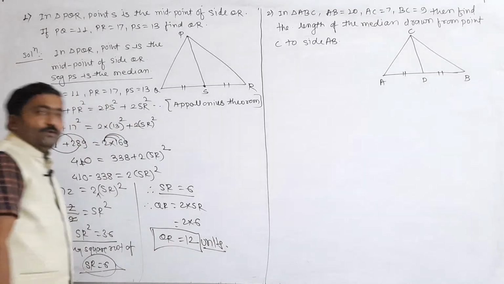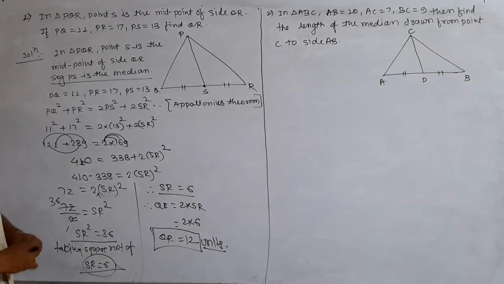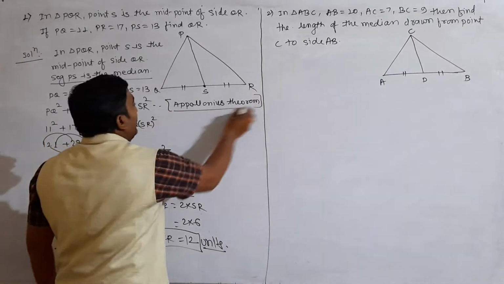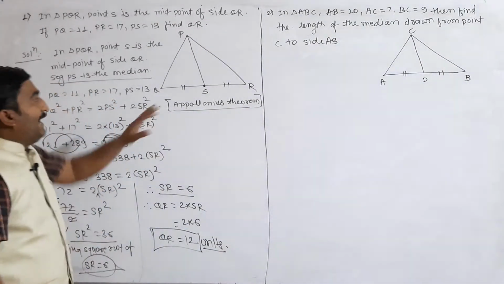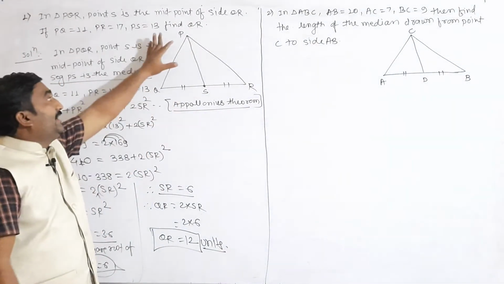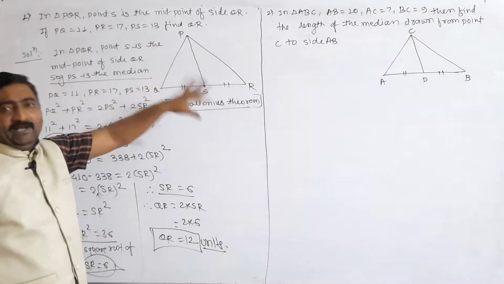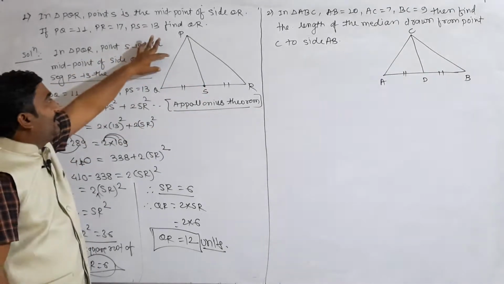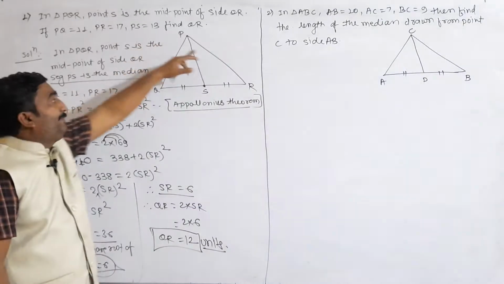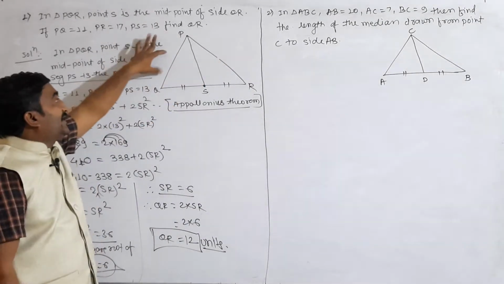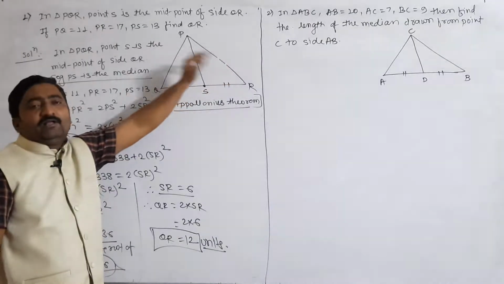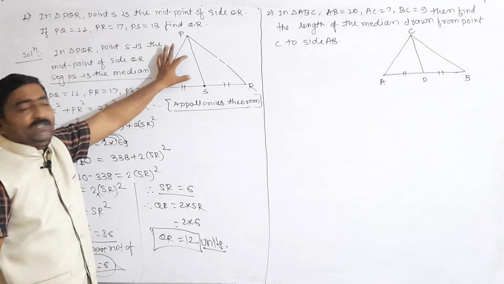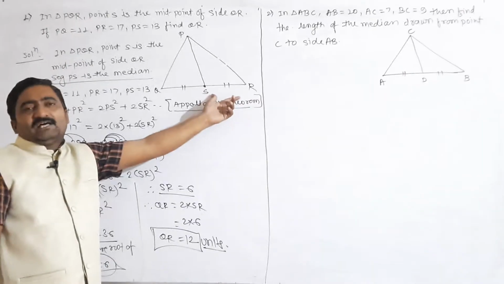In this way, we can solve a given problem by using Apollonius theorem. Remember that Apollonius theorem is: in a triangle when a median is given, the square of this side plus square of this side, means PQ square plus PR square, is equal to 2PS square plus 2SR square.